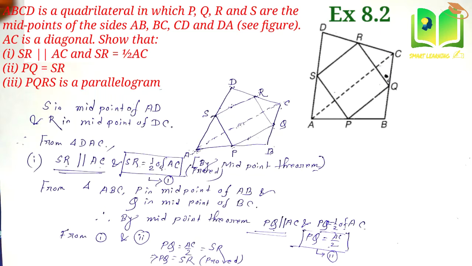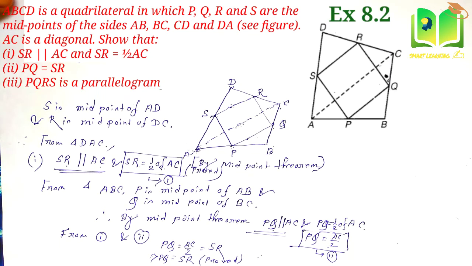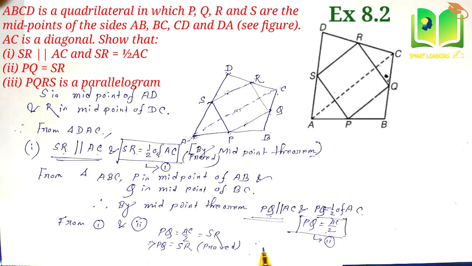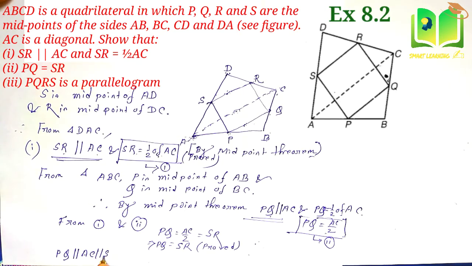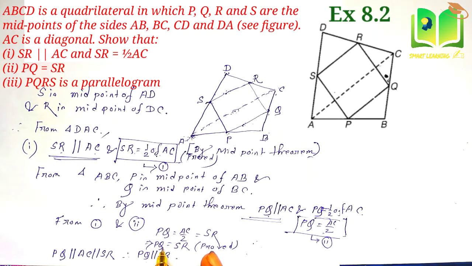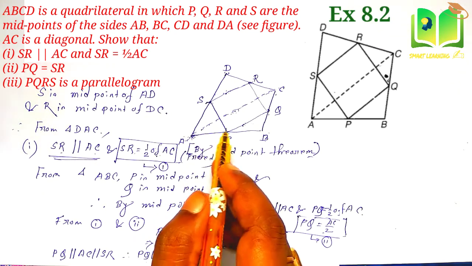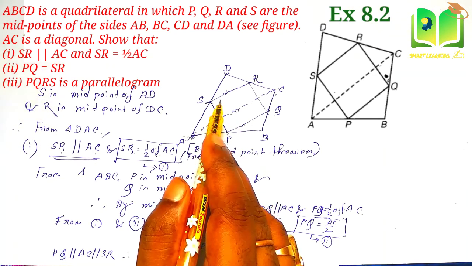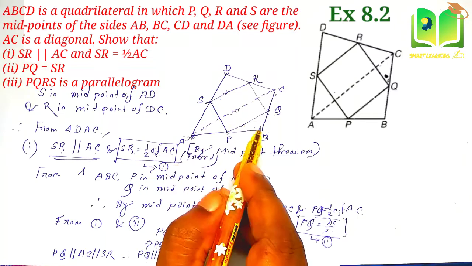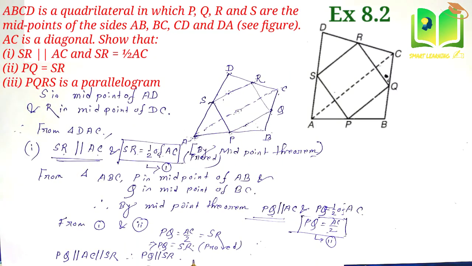So ultimately what you can write here, PQ parallel to AC parallel to SR. Therefore PQ parallel to SR. You know that if opposite sides are equal, means PQ and SR equal, and the two opposite lines are parallel, then PQRS is a parallelogram.